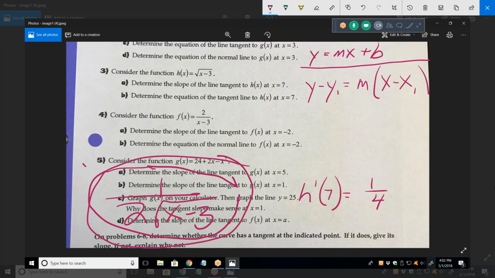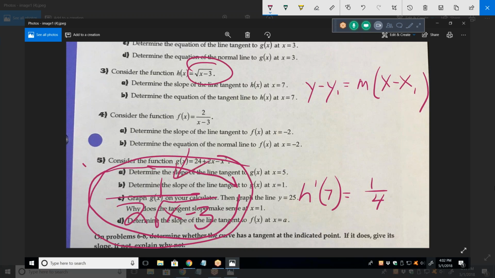And the reason it works so much better is because you almost always have a point and a slope. When you take the first derivative of a function, you get the slope. We just took the first derivative of that function, and what we get is this function.